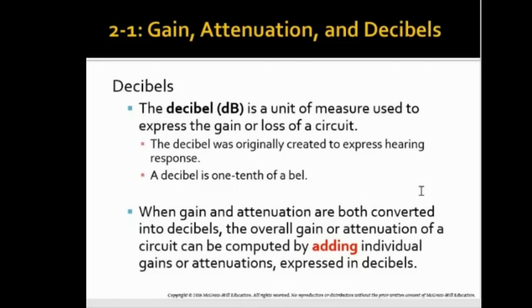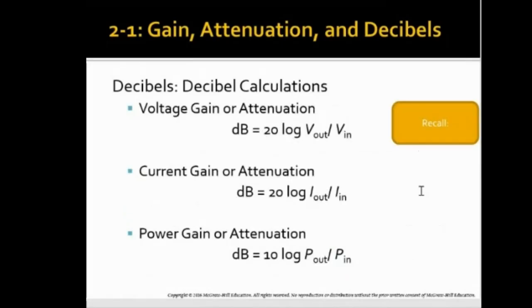Because the decibel is in logarithmic base, multiplication in logarithm form becomes just summation. So here we have decibels for different parameters: voltage, current, and power.